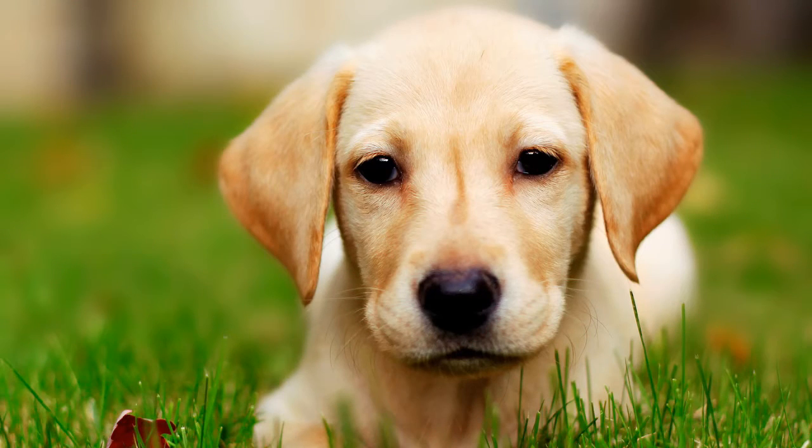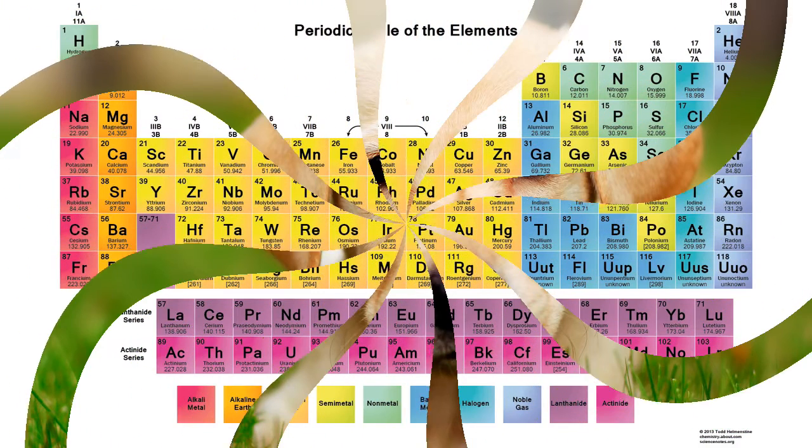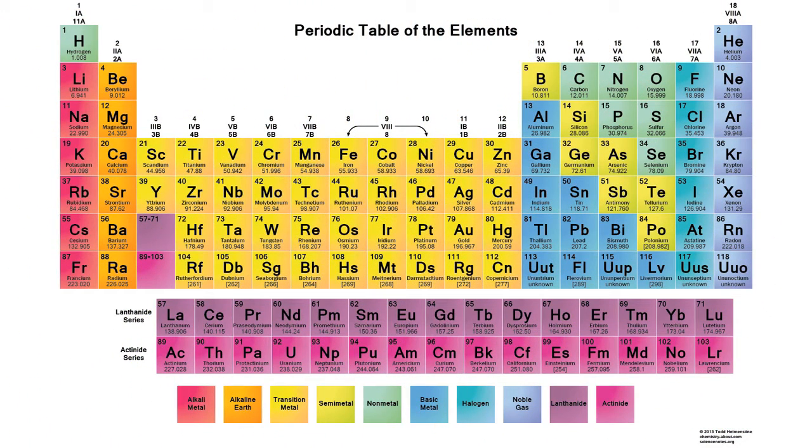What are the materials that make up a dog? This question is answered by looking at the basic building blocks of all things, which are called elements. If you exist, and I hope you do, you're made up of these elements we see on the periodic table of elements. These are the known building blocks of everything that physically exists.